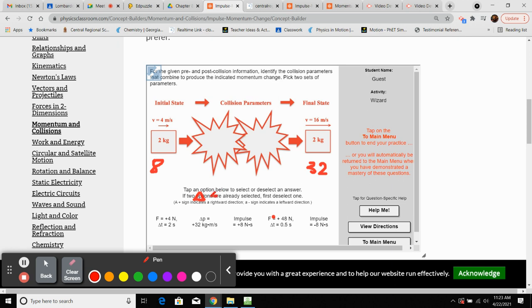What is our total change in momentum? 32 minus 8. Okay, so we need an impulse or change in momentum that is going to give us this one here. So we need to go up by 24.